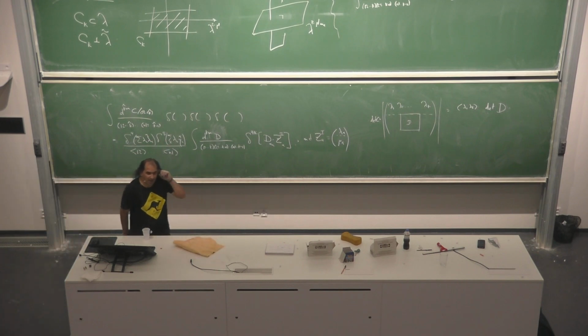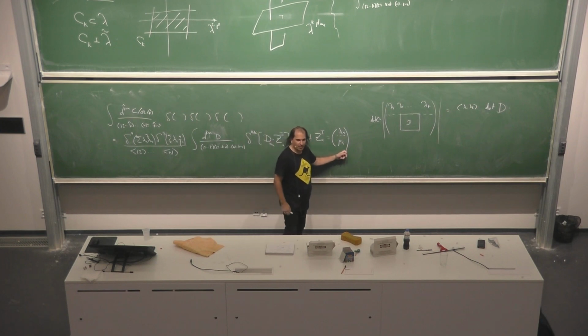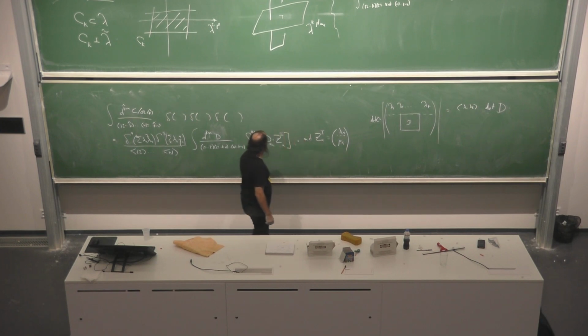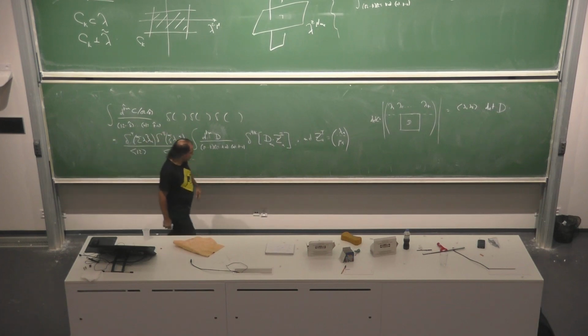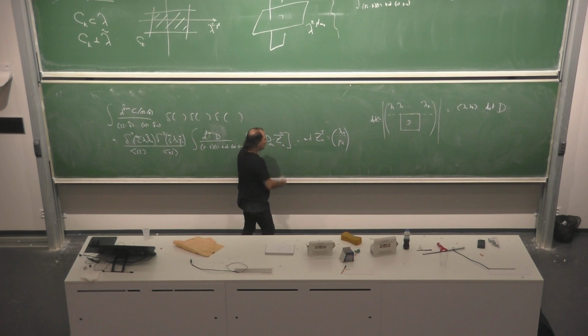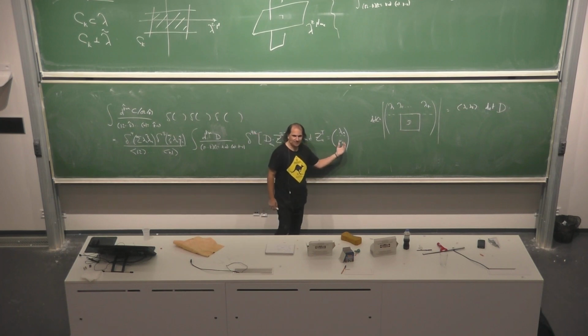Now, you might say, what the heck is this mu? Where did this mu come from? But the point is that this part of the equation is only on the support of these delta functions. And on the support of these delta functions, that's the whole claim, this thing is only a function of lambda and lambda tilde. Why is it only a function of lambda and lambda tilde?